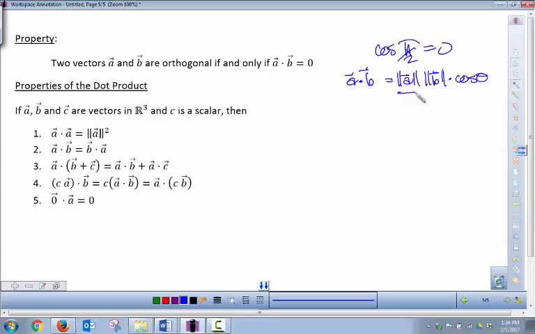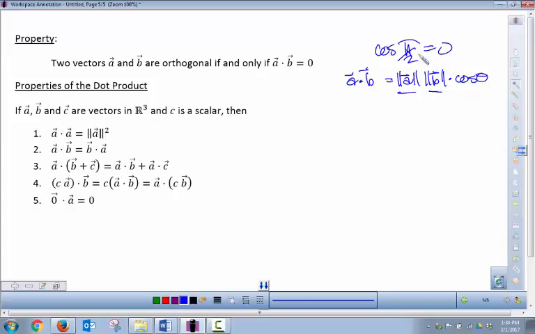So the magnitudes of A and B are always going to be positive values, right? And then you have the cosine of the angle. So the only time A dot B would equal 0 is if cosine of theta is equal to 0, and that's only going to happen when the angle is equal to pi over 2.